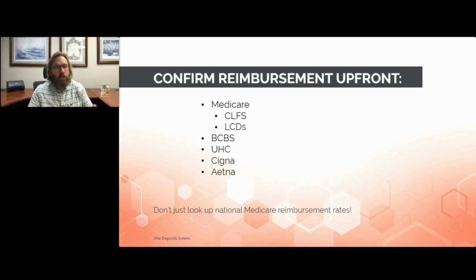The other thing for your major payers, Blue Cross Blue Shield, United, Cigna, and Aetna, you can take a look at your contracts, especially if you have not delved into the world of molecular before. My experience has been there are some organizations or facilities that base the percentage they think they're going to get reimbursed on a code, especially if you have not delved into clinical before and you're looking at anatomical rates.